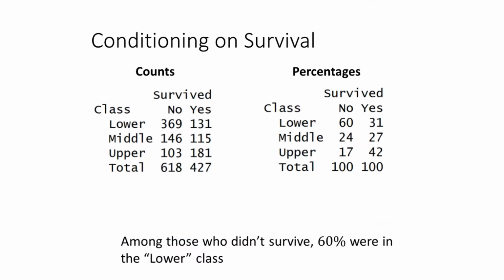Now, it's useful to look at particular cells and understand how to interpret them. For this cell, we divide 369 by 618. 369 is the number of observations for those in the lower class who did not survive, and 618 is the total of those who did not survive.